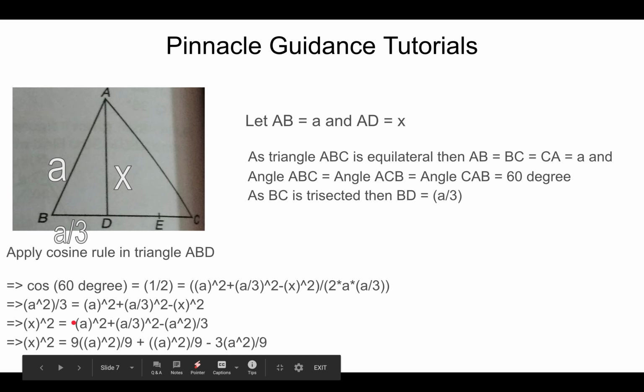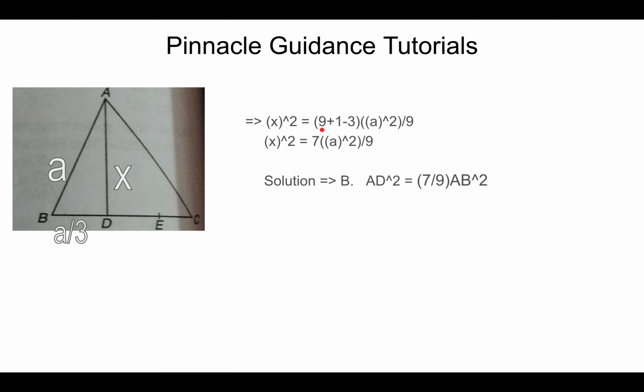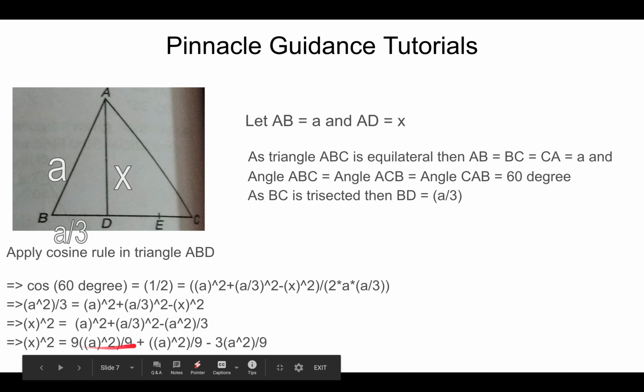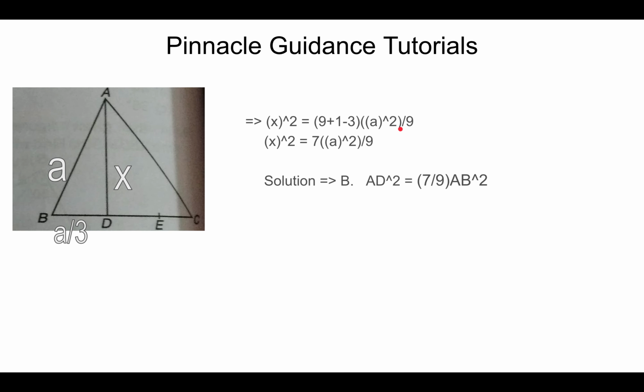So multiply 9 over here and divide by 9 in this term, as well as multiply 3 over here and divide by 3. So it's like 9 a square by 9 plus a square by 9 minus 3 a square by 9. So x square is equal to (9 plus 1 minus 3) a square by 9, which is equal to 7 by 9 a square.